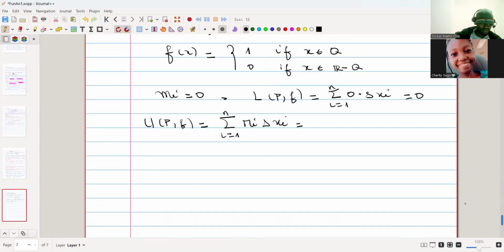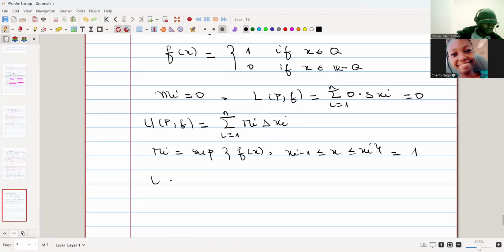Now, Mi, as you said, is one. Mi, which is the supremum of f(x), x between xi minus 1 and xi. So this function is very simple, so you don't need to compute. It will be 1.